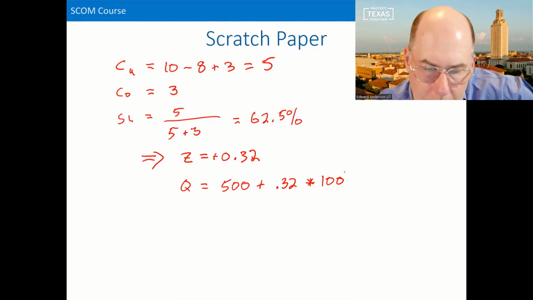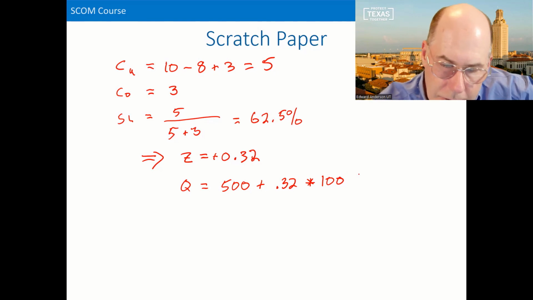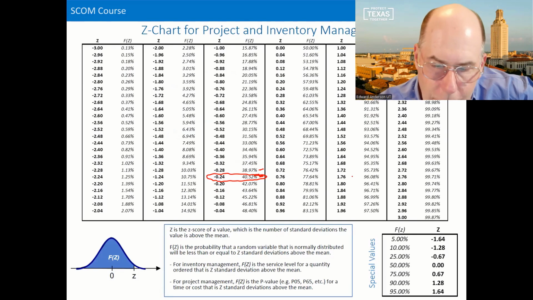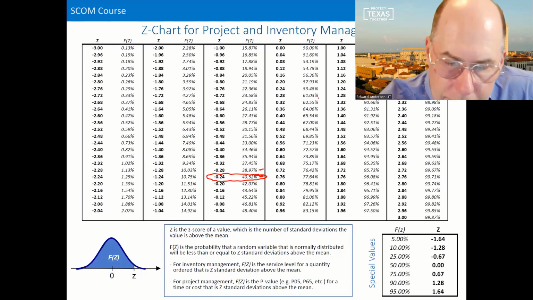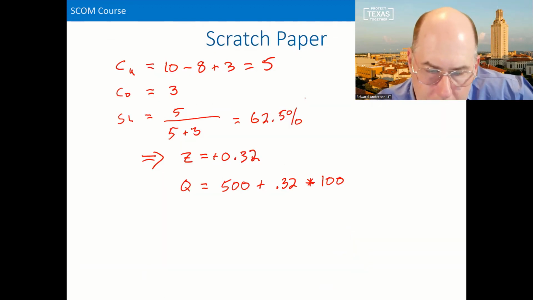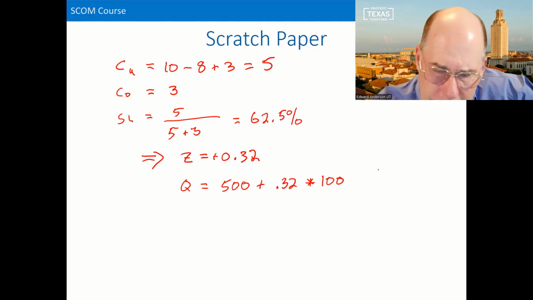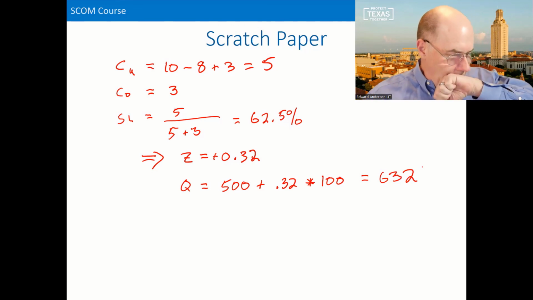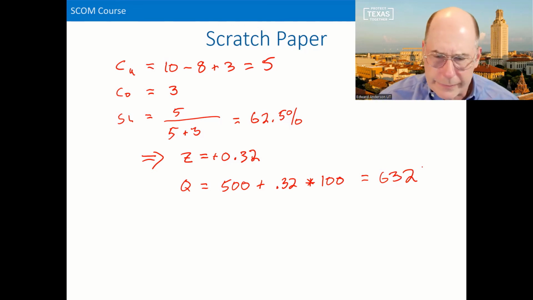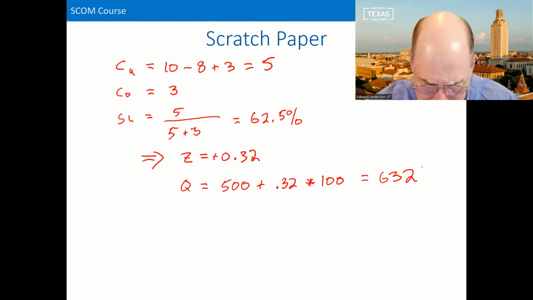Which equals, let's just confirm that. So 62.5%, yeah, it's 0.32. Just double checking. And so that equals 632. Excuse me, it's not 632.